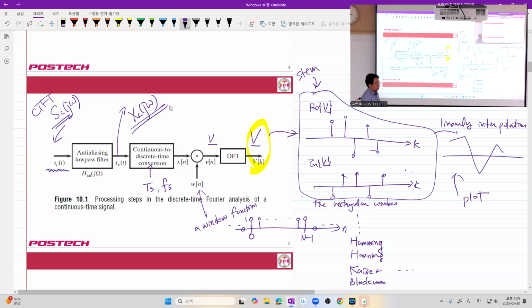And how many samples do you have here? The number of samples is related to the window length or points of DFT. So if you have larger and larger N, then you have larger and larger output and more points to be linearly interpolated.